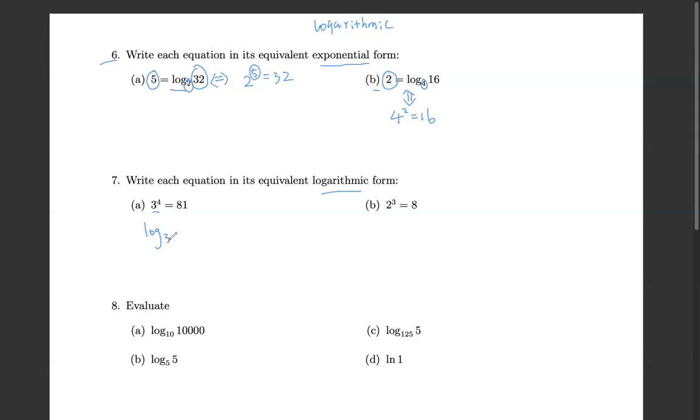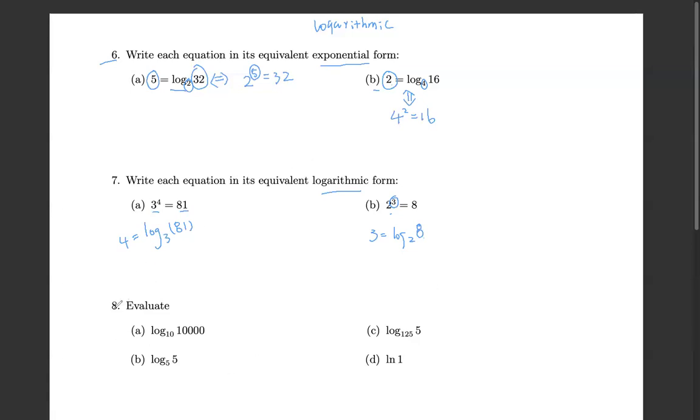So log base 3 of the value 81 is 4. Right? So 4 equals log base 3 of 81. For this one, I can start with the exponent: 3 equals log base 2 of 8. That's it. Even though log looks strange, the idea is very simple.